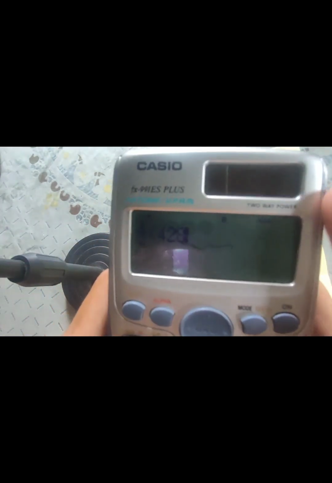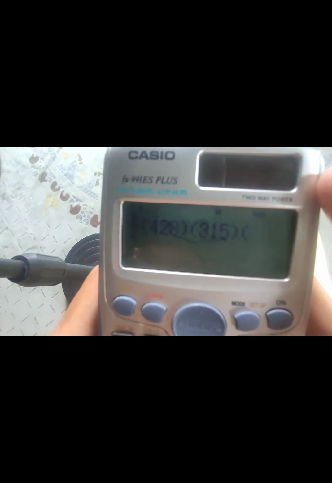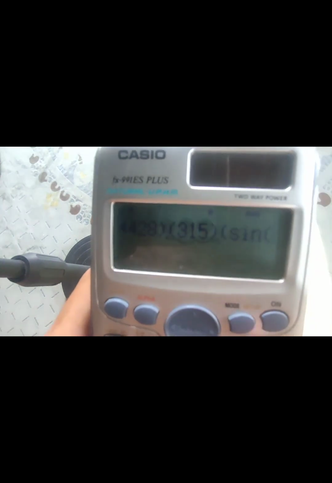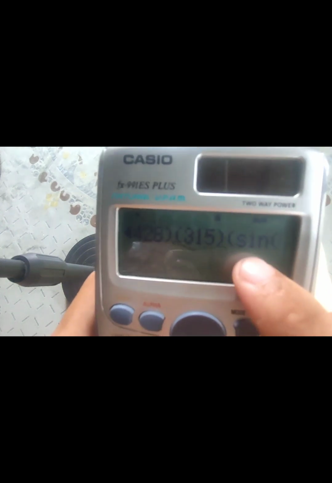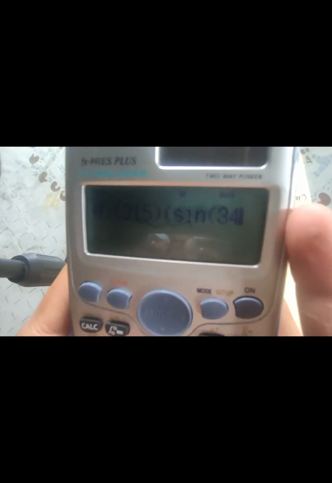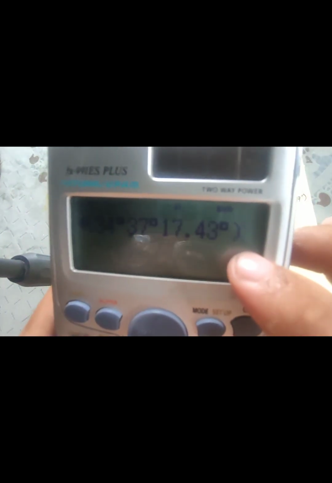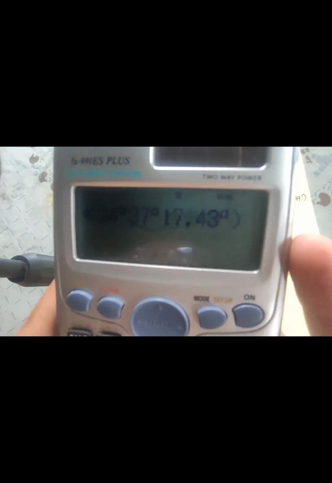So times 428 times 315 times sine. Don't forget the parentheses when you times it to sine because it will error when you click the equals button. So sine, the value of B, 34 degrees, 37 minutes, 17.43 seconds. Don't forget the close parenthesis or else it will error again.